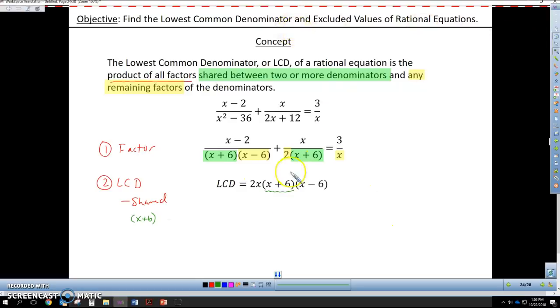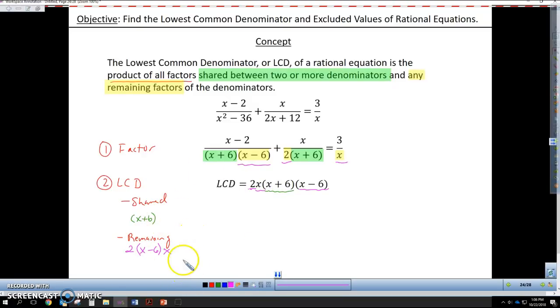Now, I also am going to take the remaining factors too. So I have x minus 6, right? I write that down, and that's present here. And then I take 2. I'll put that out front. We always put numerical coefficients out front. And then we also have this x, so I bring that along.